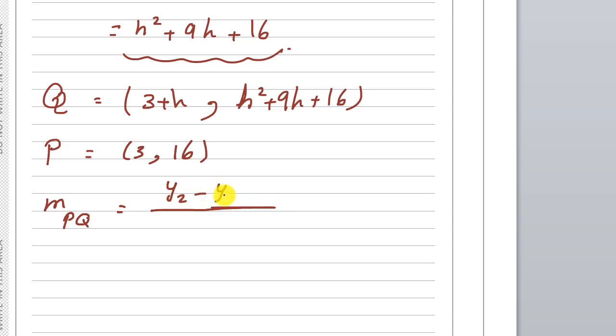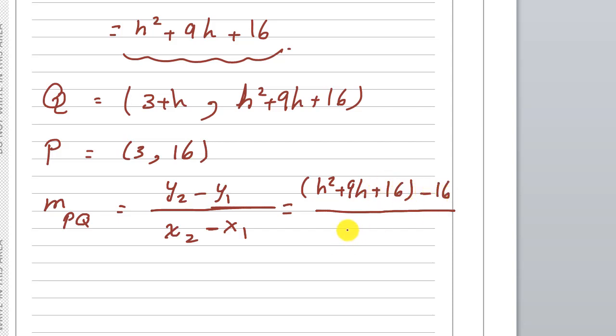y2 minus y1 divided by x2 minus x1. So it's equal to h squared plus 9h plus 16 minus 16 divided by 3 plus h minus 3.